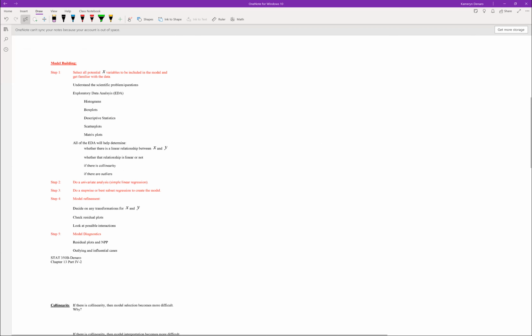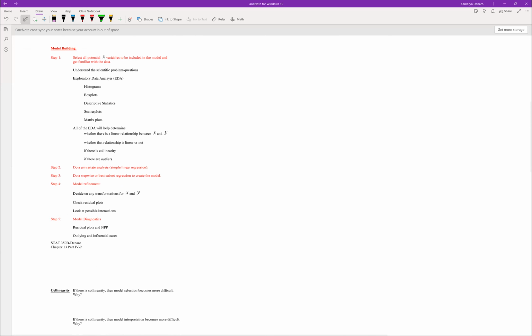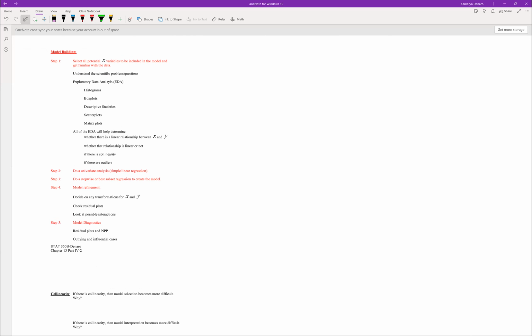All right, so when we're looking at doing some model building, our first step is going to be to select all potential X variables that we may want to include in the model. We want to first get familiar with our data, so we're going to understand the scientific problems and questions based on literature and previous studies.